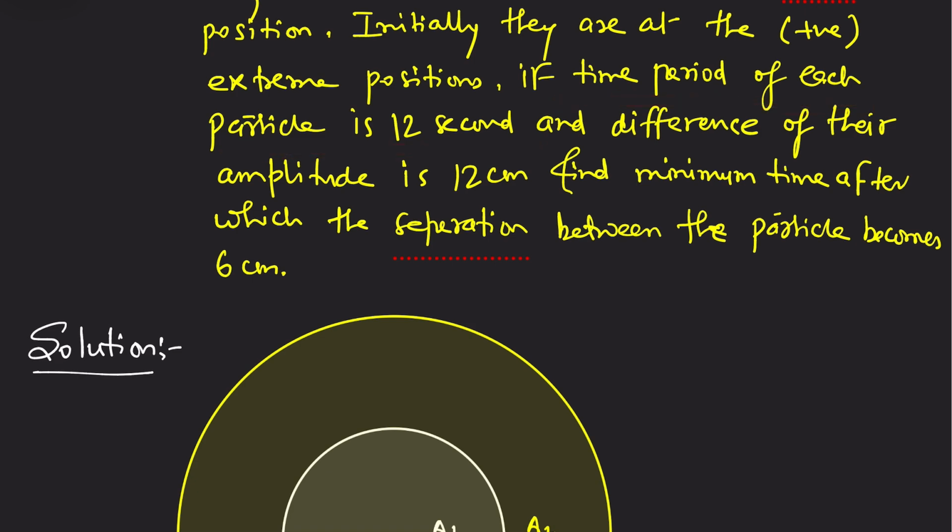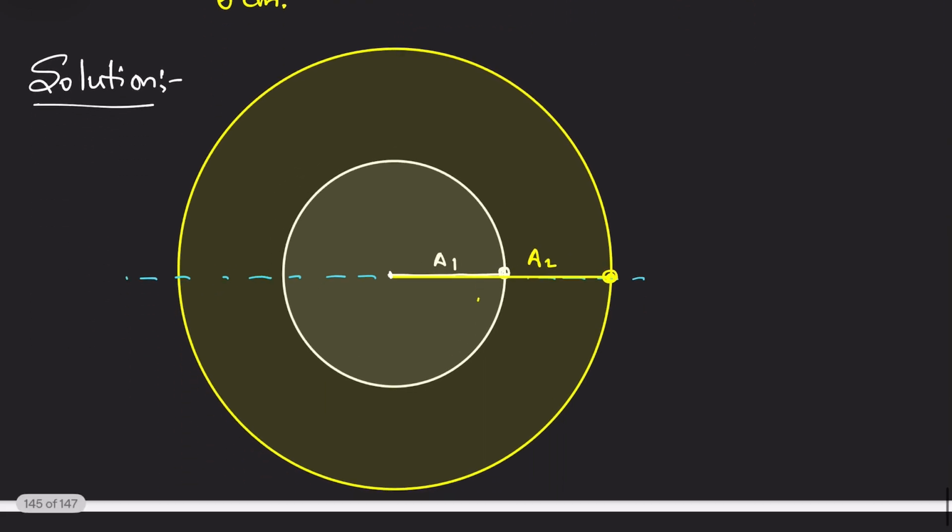They are asking to find the minimum time after which the separation between the particles becomes 6 centimeter. Let's say this moves in time t somewhere here, so the original particle will be somewhere here, and at the same moment this would also reach here. This is your mean position. This is your separation, and you want it to be 6 centimeter.